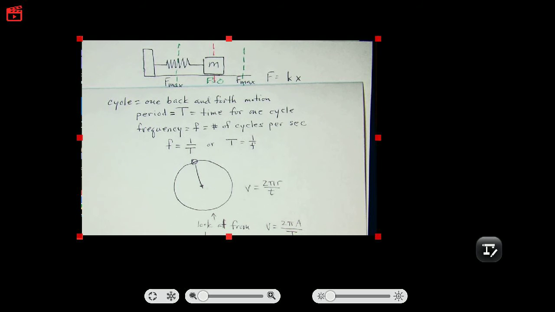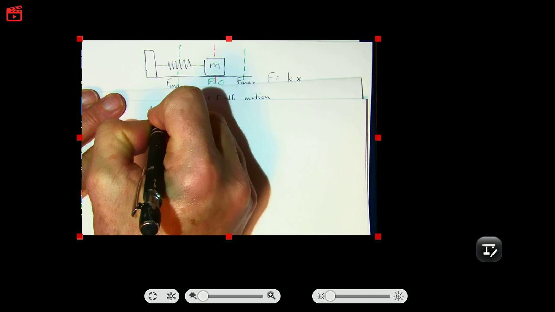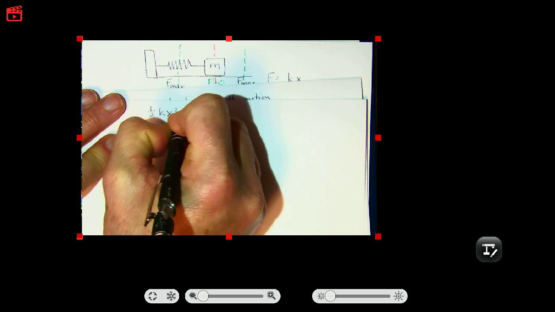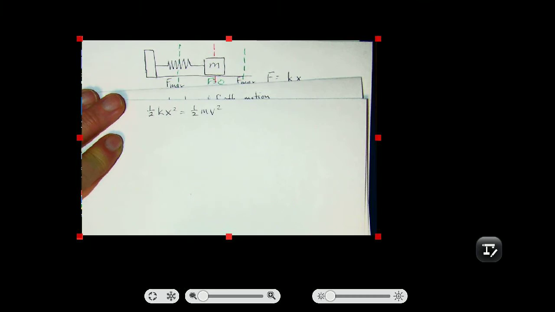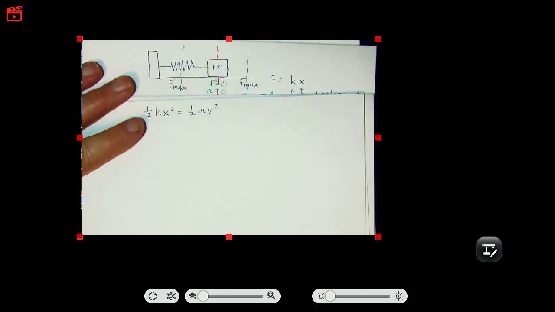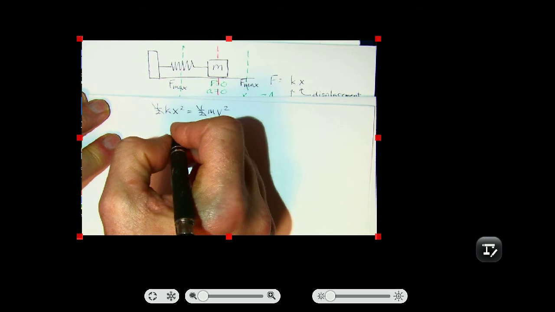So let's look at it in terms of energy. In terms of energy for our spring, we have 1/2 k x squared is equal to 1/2 m v squared. Again, cancel out the 1/2.